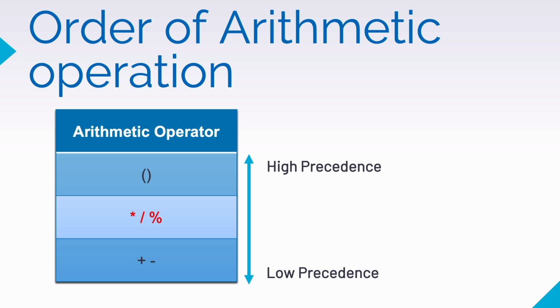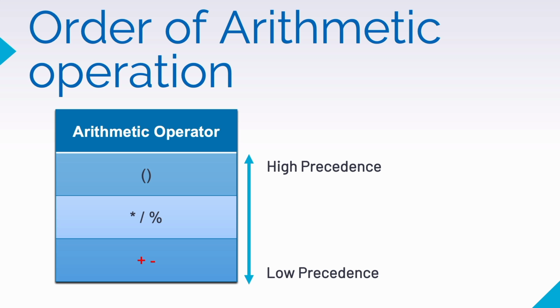In a scenario where the multiplication, division, and modulo operations are in the same expression, the operations are performed from left to right, as the operator on the left has a higher precedence. This would be the same for addition and subtraction in the same expression.